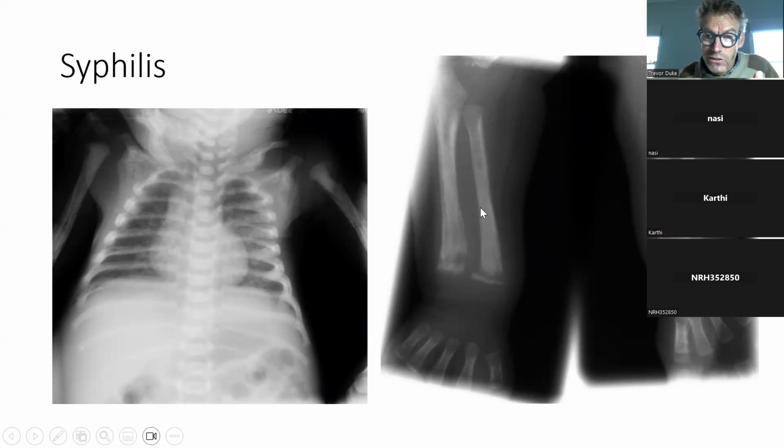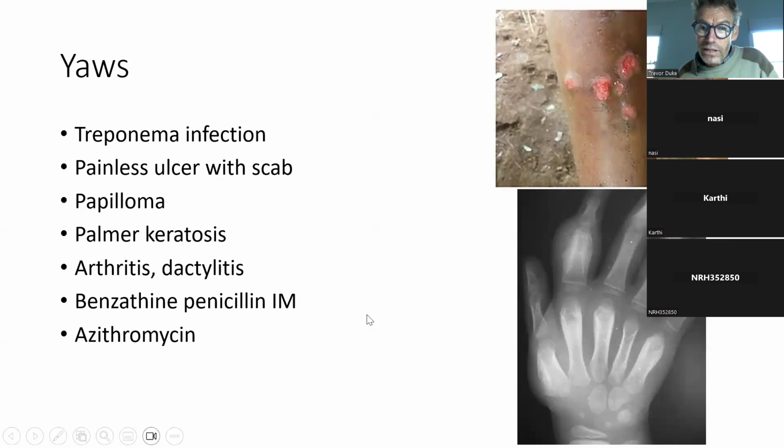But the characteristic is this double line in these bones. Syphilis is a rare cause of arthritis, but yaws can sometimes cause arthritis. It sometimes causes dactylitis, a bit like I showed you with psoriasis, and a bit like with tuberculous arthritis.